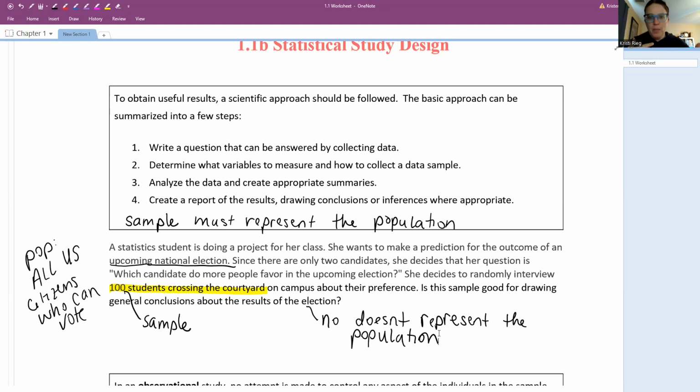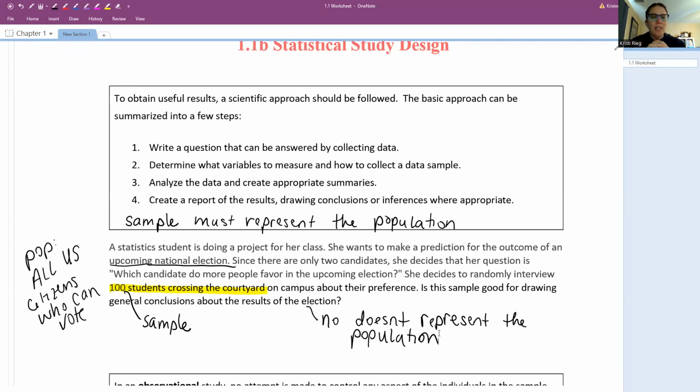Where's the school? Chances are that people at that school have maybe similar views. That doesn't mean they're all voting exactly the same, but they all have something in common. Even if all they have in common is they all live in this city or they all go to this college, that does not represent the whole population, because the whole population does not go to that college or live in that city.